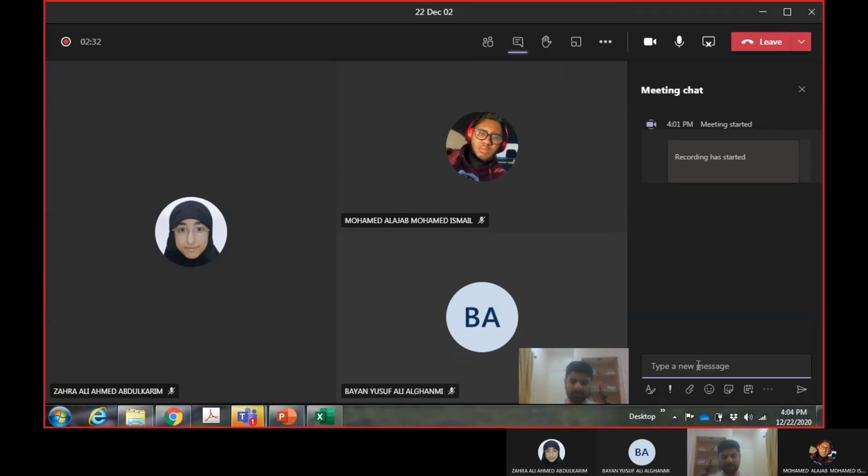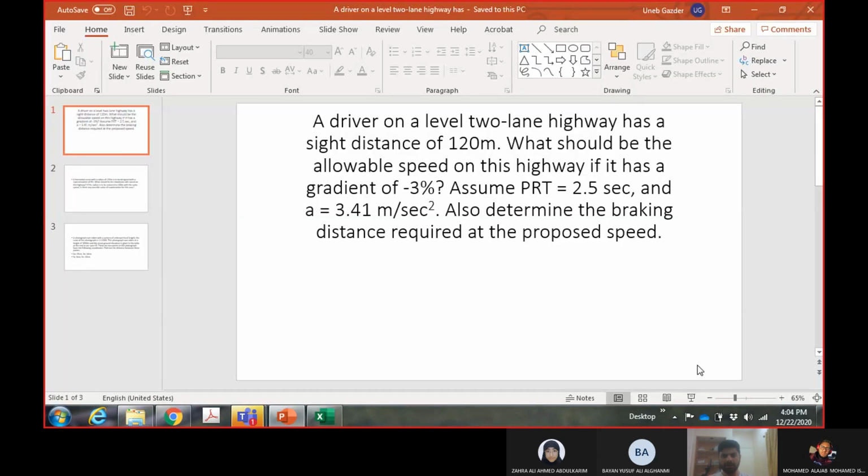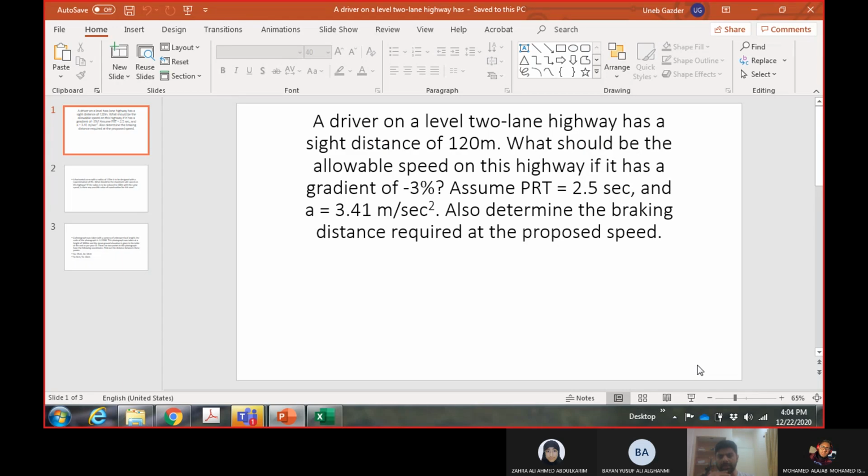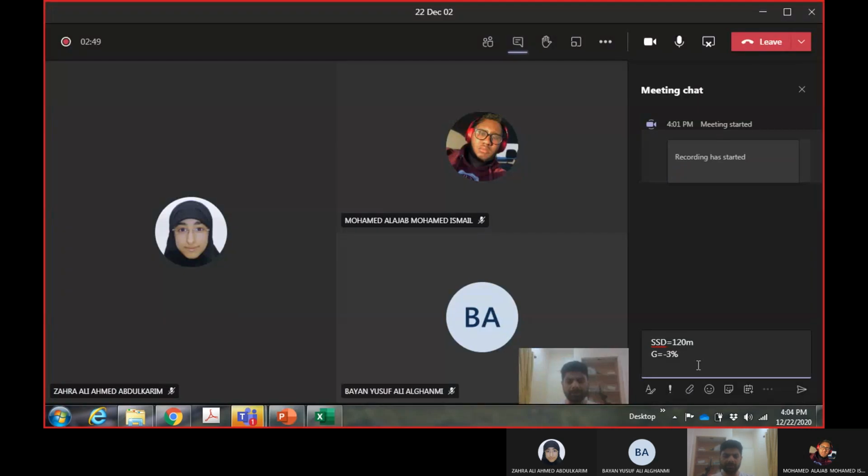The given data is the stopping sight distance, which is 120 meters. Then you are given the gradient. The gradient is -3%, so you put -0.03 in the equation. Perception reaction time is given as 2.5 seconds; we call it t in the equation.